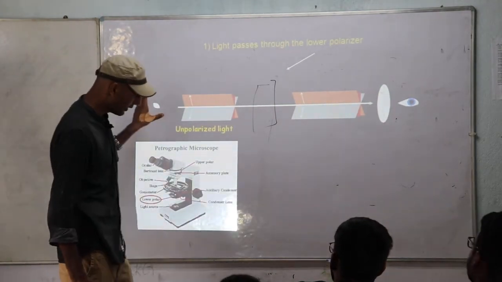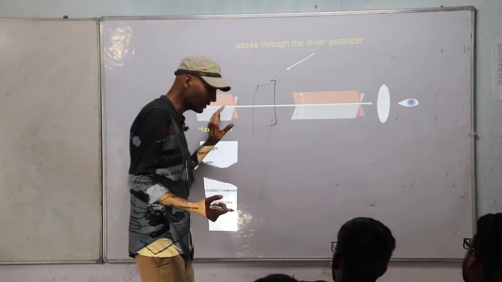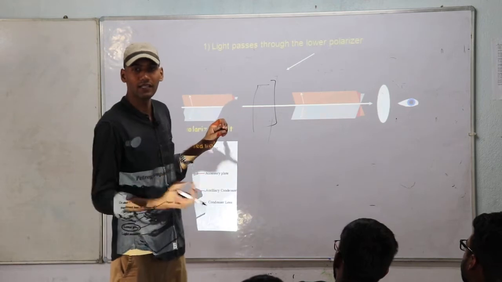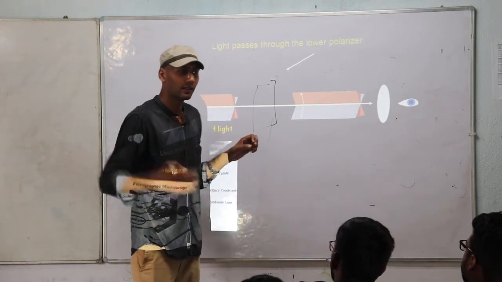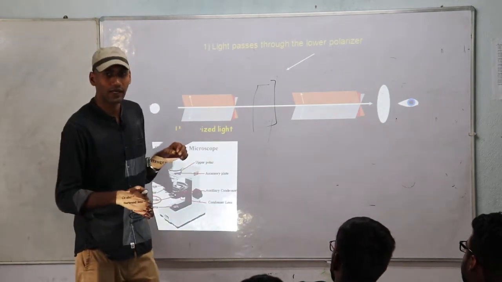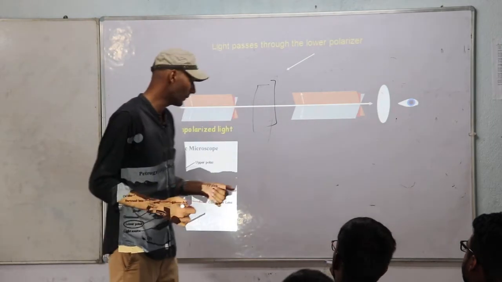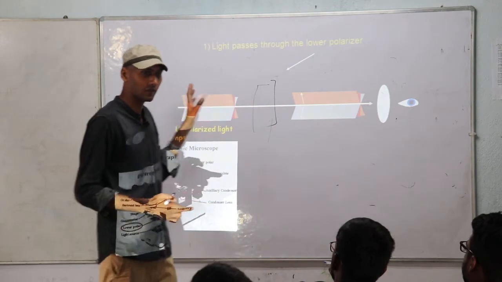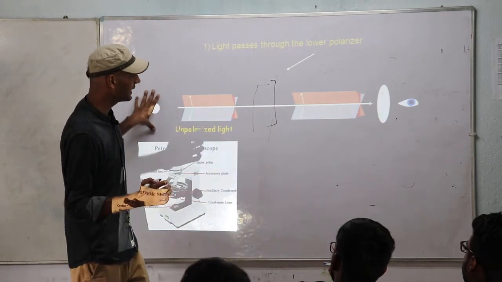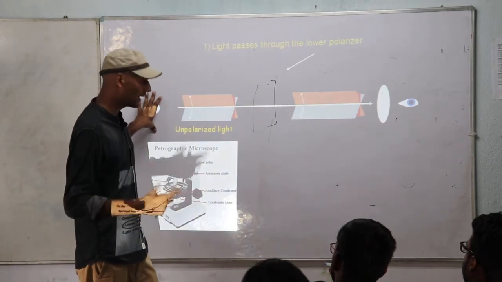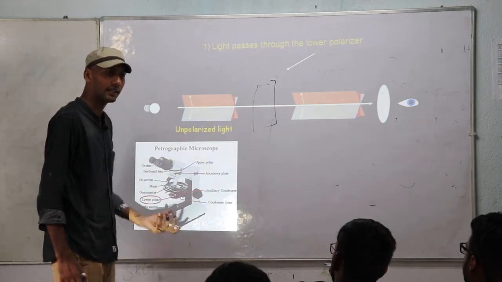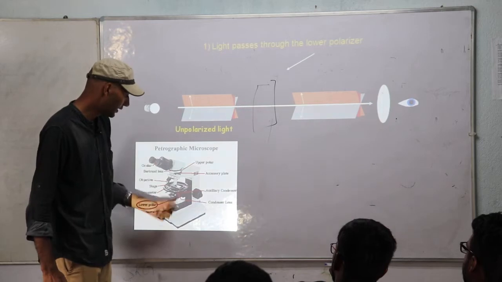Okay, we are providing white light from the source below. Before, in the previous case, the microscopes did not have any source. There is a reflecting mirror, right? The sunlight falls on the reflecting mirror and is reflected back to the microscope. So that's why it is known as a reflecting microscope. Here we use a reflecting mirror, but nowadays the microscopes are provided with their own source that is present below the stage, right?